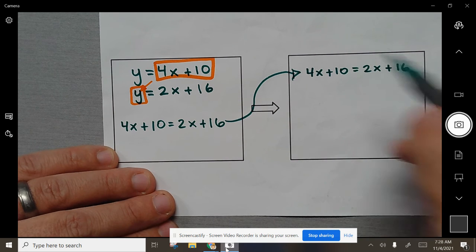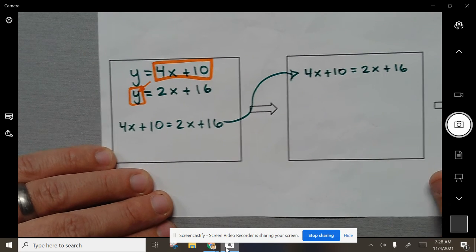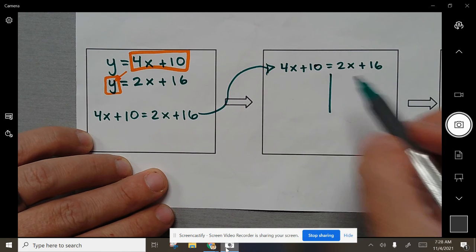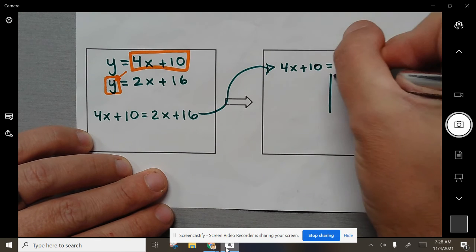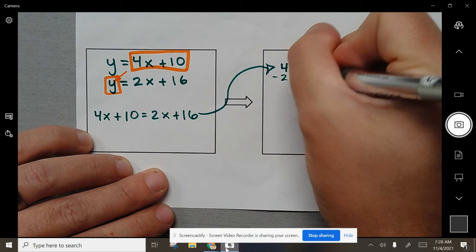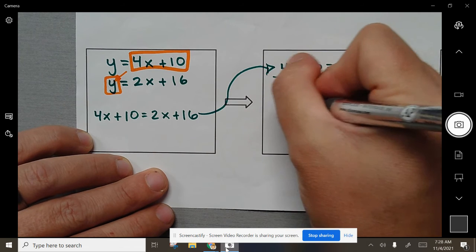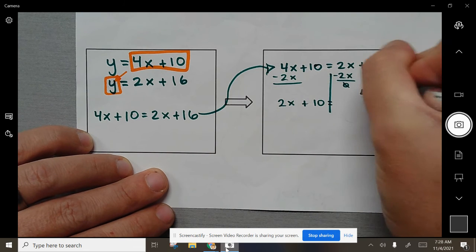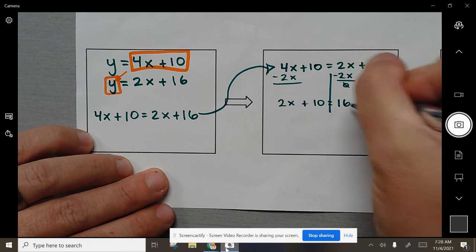All right. From there, now this is a different step. Now, letters to the left. That cancels out. 4x minus 2x is 2x plus 10 equals 16.